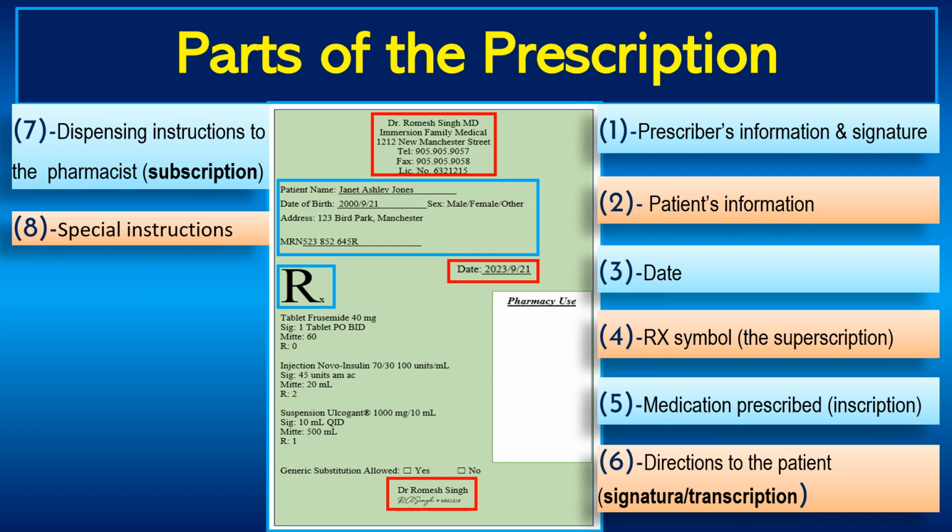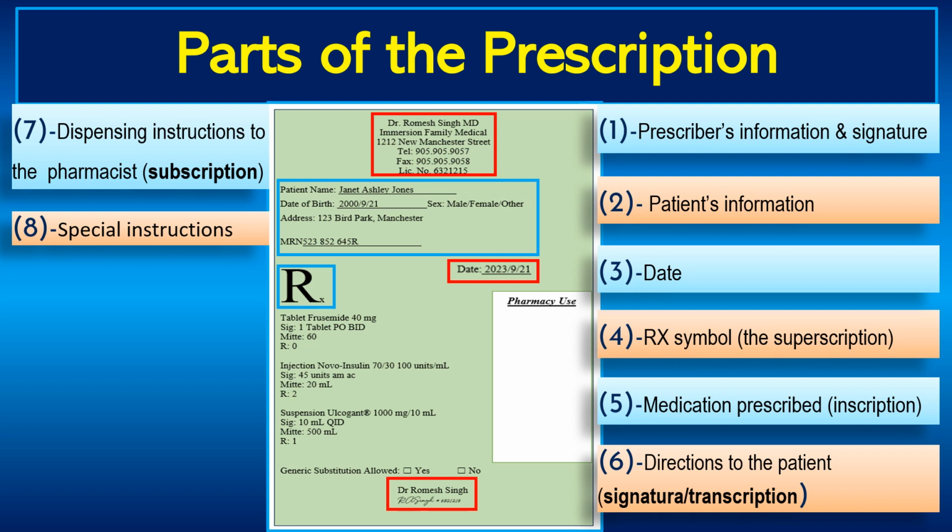So this you might see also included on the prescription, where it allows for the doctor to indicate whether the patient will accept a generic substitution, or whether the pharmacist can go ahead and give a generic substitution for the brand that is prescribed on the prescription.